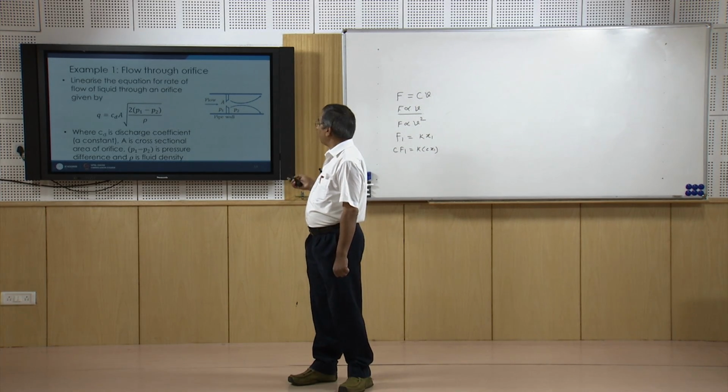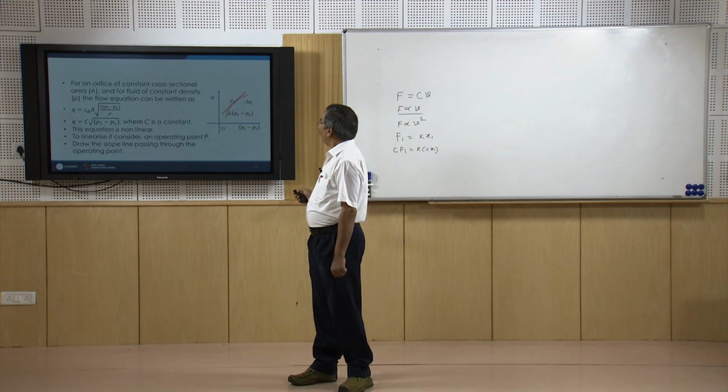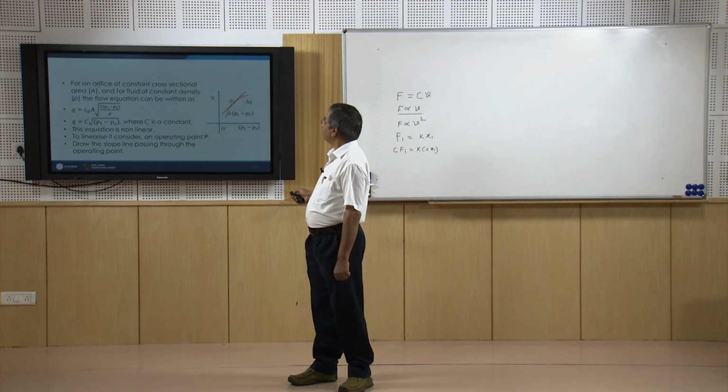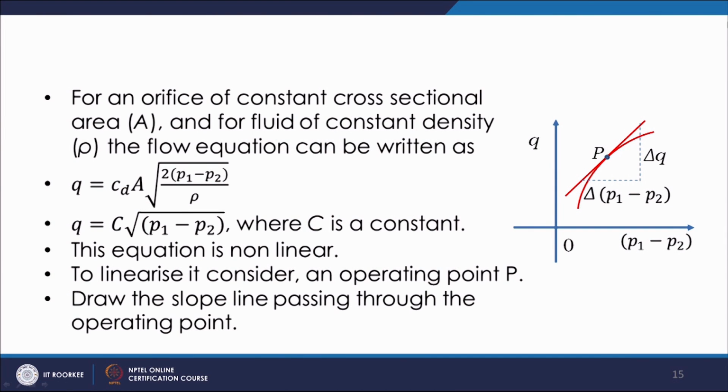So, let us see how we can do that. As I said, this was our basic equation, and suppose I assume in this basic equation that the cross sectional area of the orifice is constant, as well as the density of the liquid, then I can write the constant terms together as say C, and the equation becomes Q is equal to C under root (P1 minus P2), and as I said this equation is nonlinear.